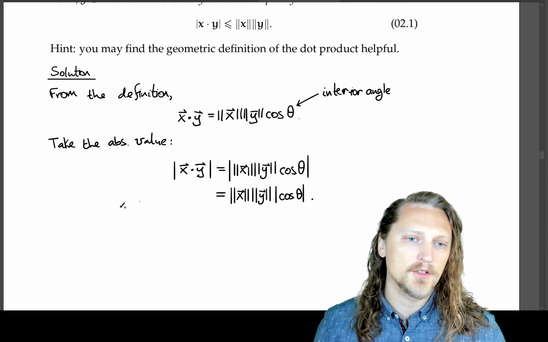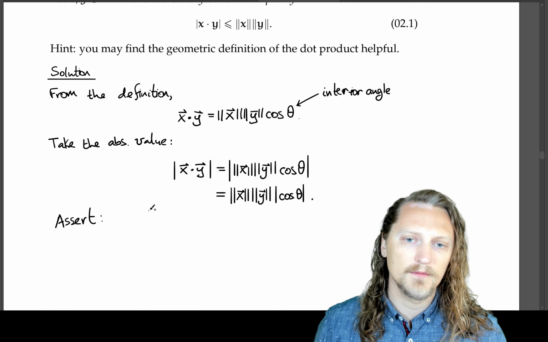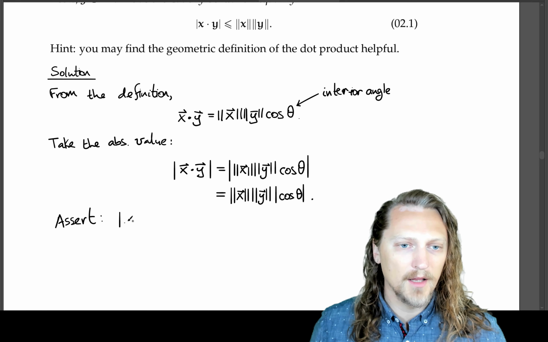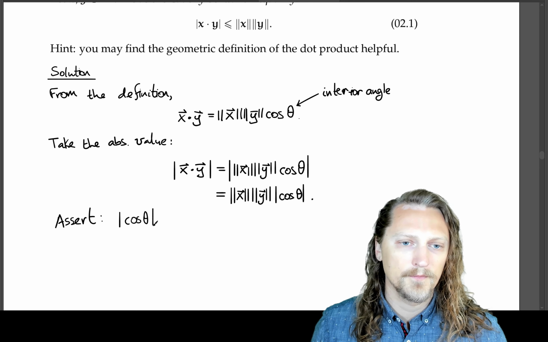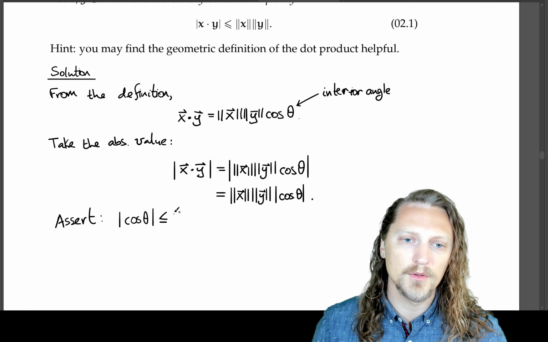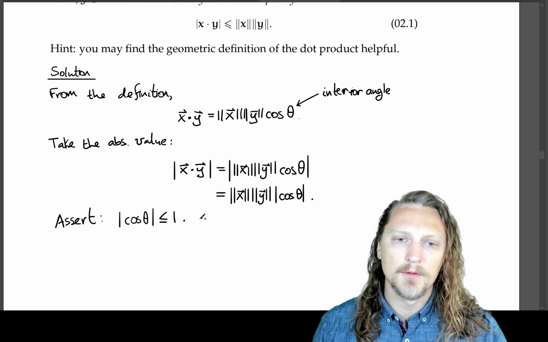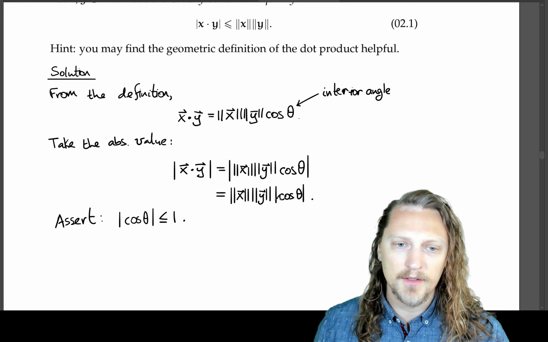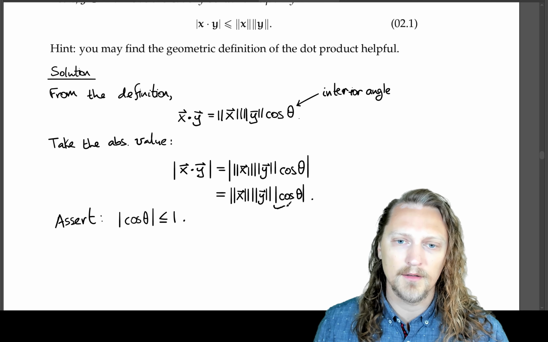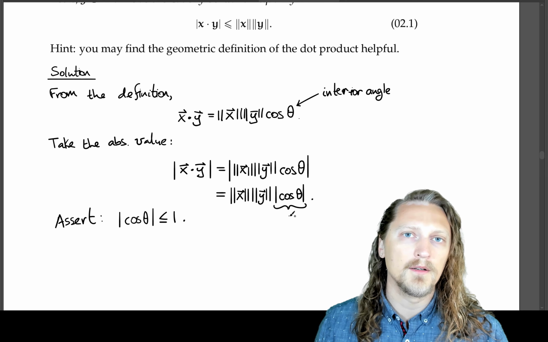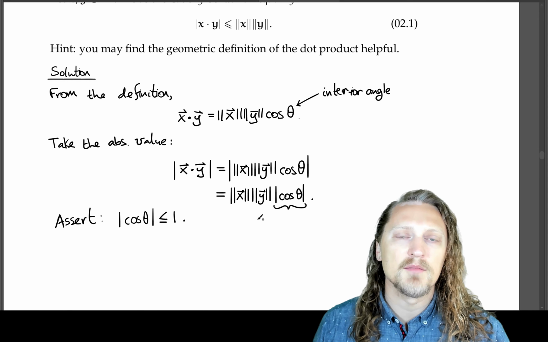Now let's make an assertion. I think it's fairly clear, but we'll assert that the absolute value of the cosine of theta is less than or equal to 1. Okay? So if the absolute value of the cosine of theta is less than or equal to 1, that means that this term here is less than or equal to 1, which means that it will always make this term smaller.